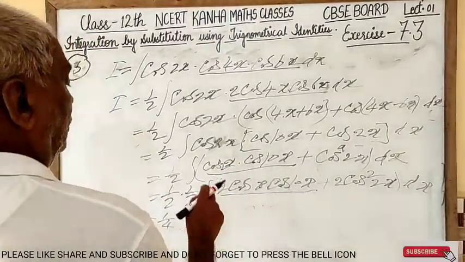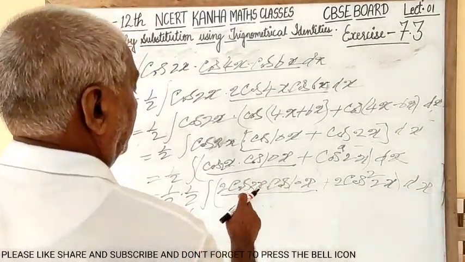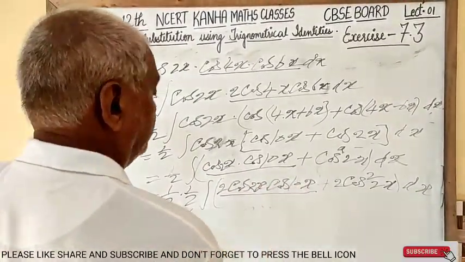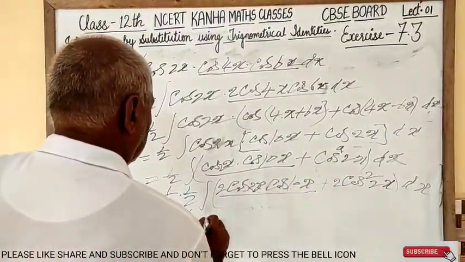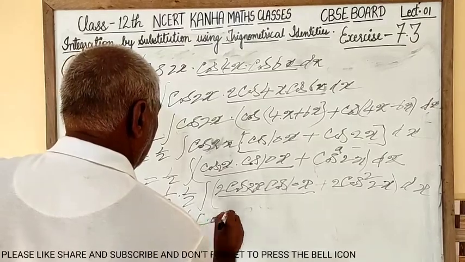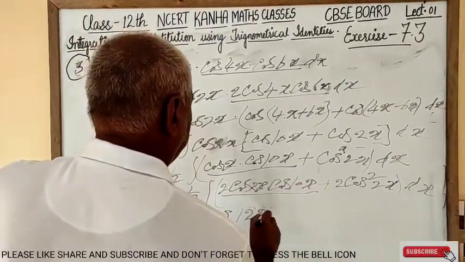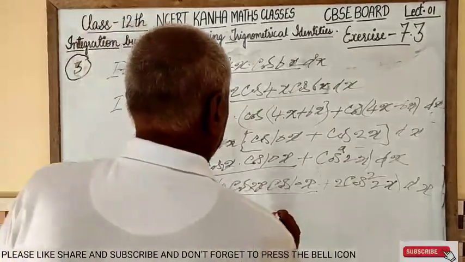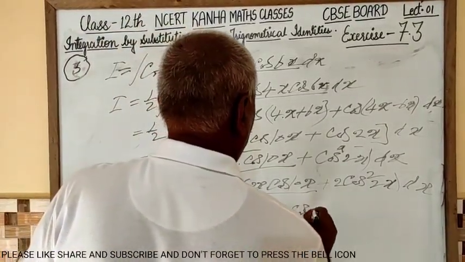So cos 2x into cos 10x means cos 12x plus cos 8x.